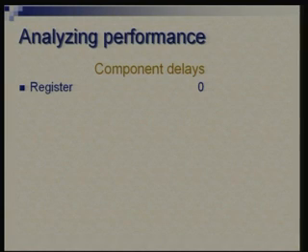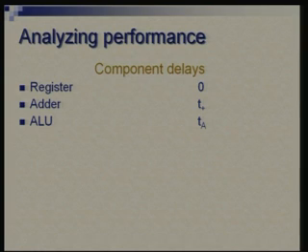So register delay we will assume as 0. Adder delay, now I am referring to the adder which does PC plus 4 and the one which does PC plus 4 plus offset. So let's denote that by T plus. The delay of ALU will denote by TA. Delay of multiplexer will assume again 0.